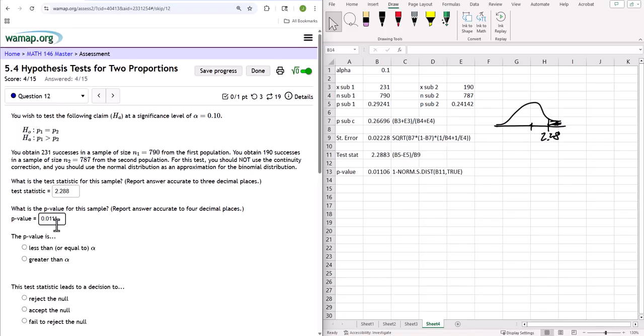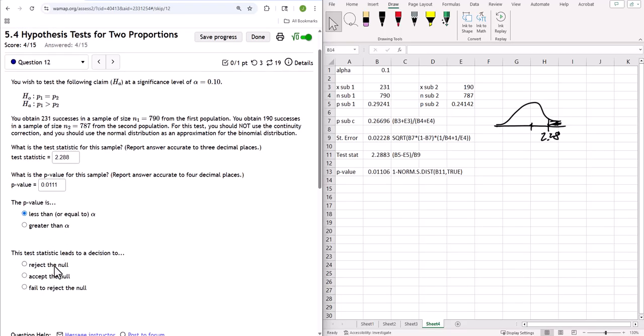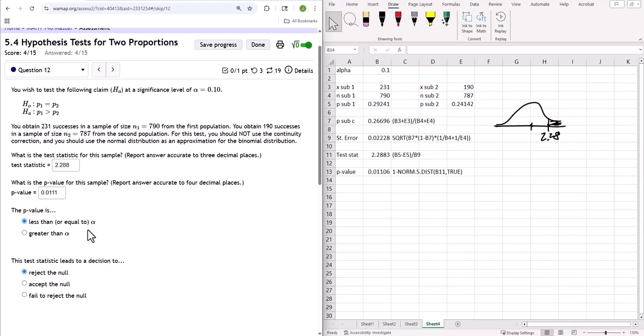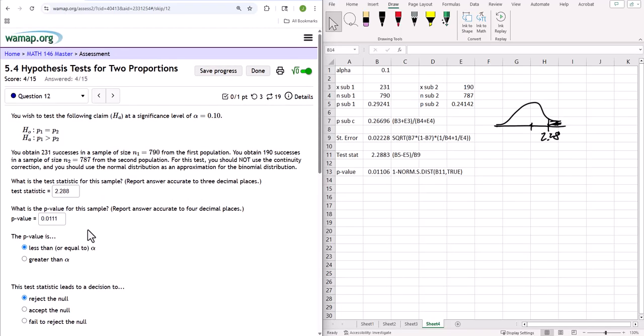Our p-value is, I almost said it's greater than alpha, but we have another 0 here. So our p-value is less than alpha, which means we reject the null hypothesis. So in this case, there is enough evidence at the alpha equals 0.10 level to conclude that proportion 1 is greater than proportion 2. Easy for me to say.